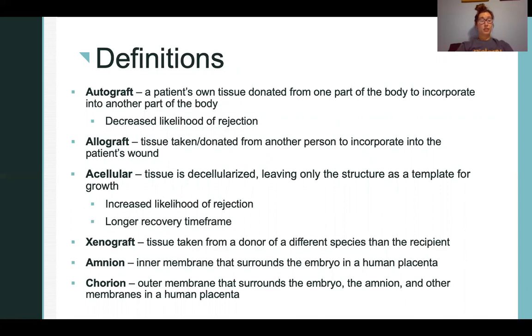Acellular is tissue that is decellularized, leaving only the structure as a template for growth. And this has an increased likelihood of rejection and a longer recovery time frame. A xenograft is tissue taken from a donor of a different species than the recipient. Amnion is the inner membrane that surrounds the embryo in a human placenta. And a chorion is the outer membrane that surrounds the embryo, the amnion, and other membranes in the human placenta.